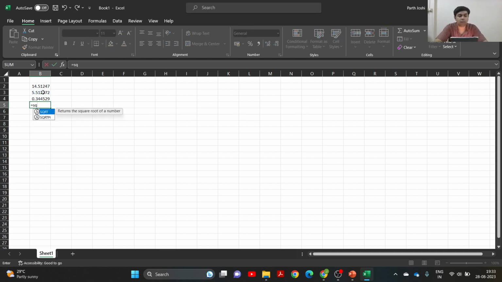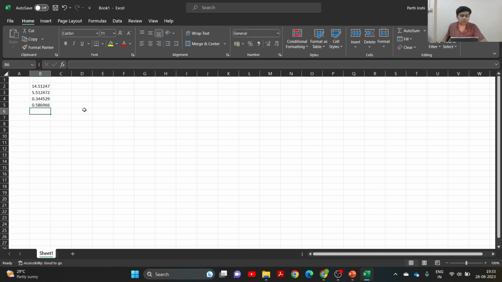Finally, zeta is basically the square root of this quantity, which is 0.586. So the correct option is C, 0.586.